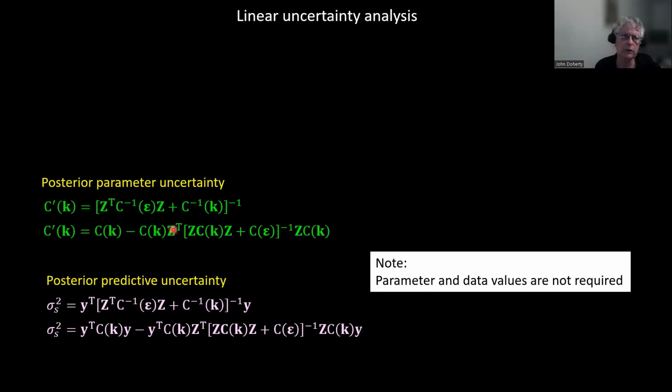Suppose I'm pondering what sort of data I should gather next. Almost by definition, the best bit of data to gather is that which reduces the uncertainty of the predictions that I care about the most. Using these equations, if I go out into the field and make a measurement, and my intention is to include that in a revised calibration or history matching process, I do not have to know the value of the measurement that I'm going to make, because it's not in that equation.